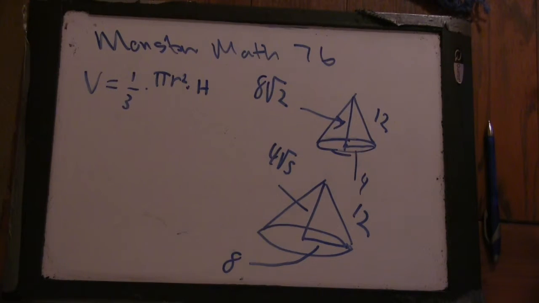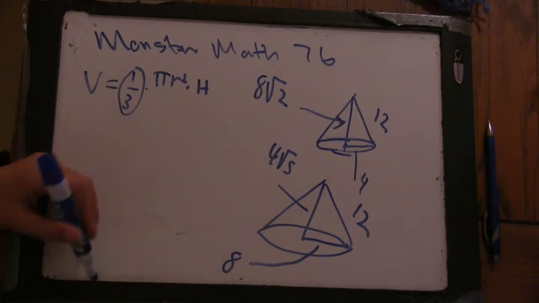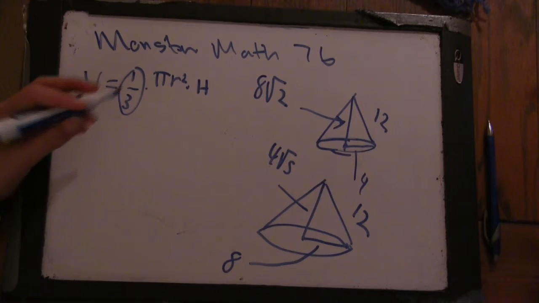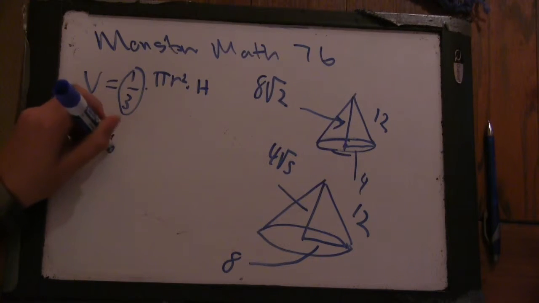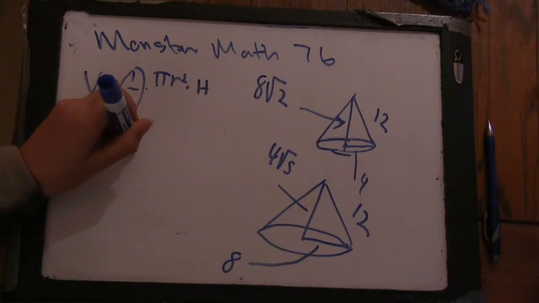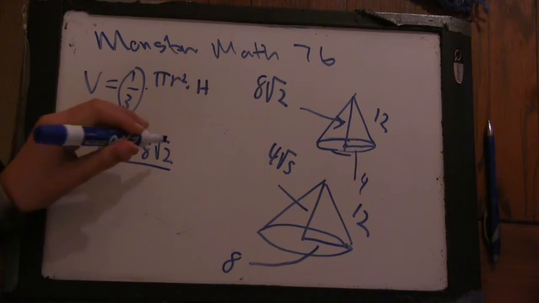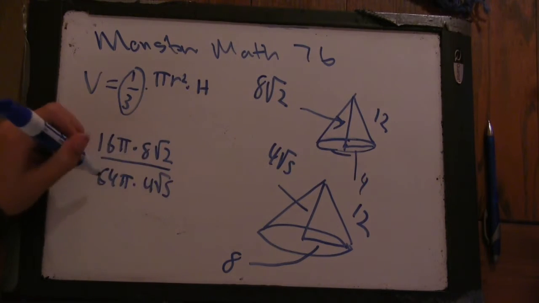Since there's going to be a 1/3 in both of these, I'm just going to leave that out because I can cancel it. So for the smaller one, we have 16 pi times 8 root 2. For the bottom one, we have 64 pi times 4 root 5.